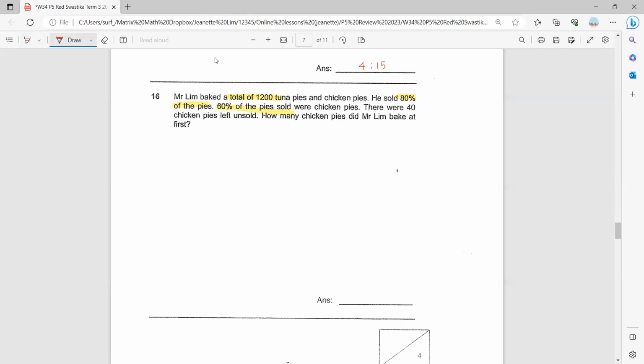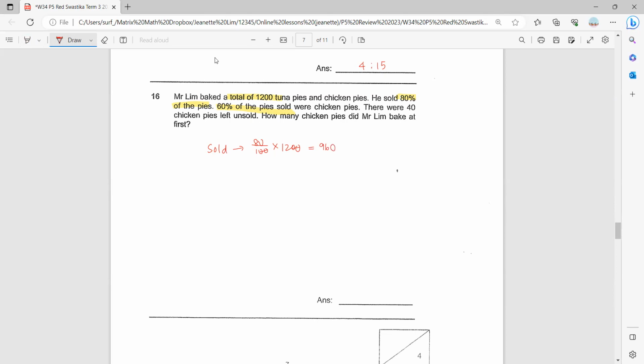So he sold 80%. So sold. How to find 80% of 1200? The 80 over 100 times 1,200. Okay, so cancel this 2. So 80 times 12. 8 times 12 is 96. Add a 0.